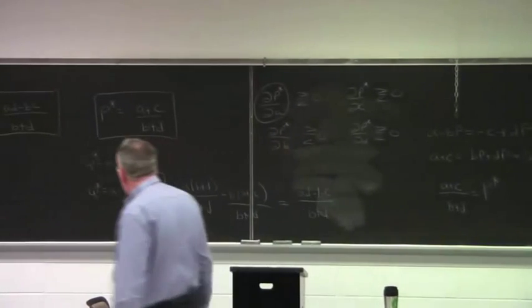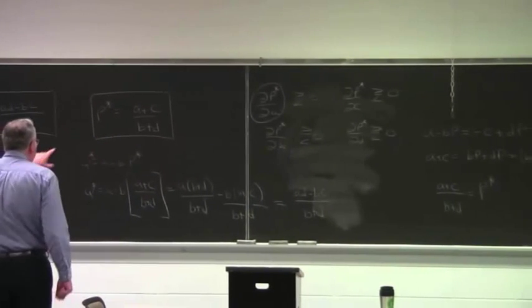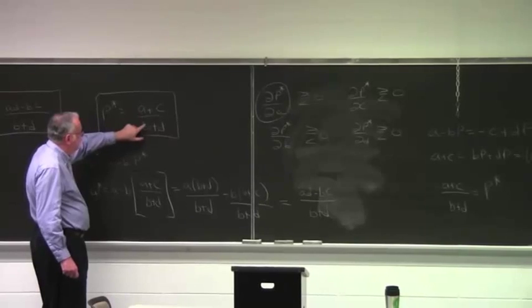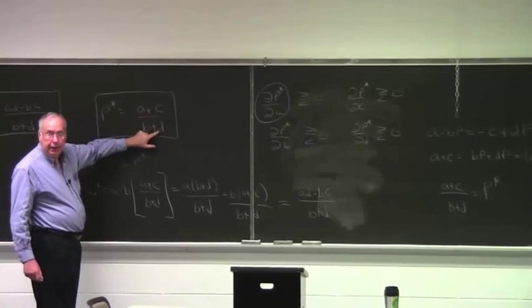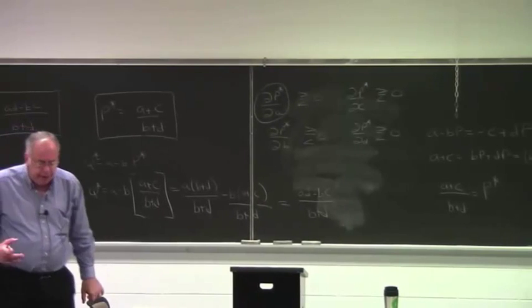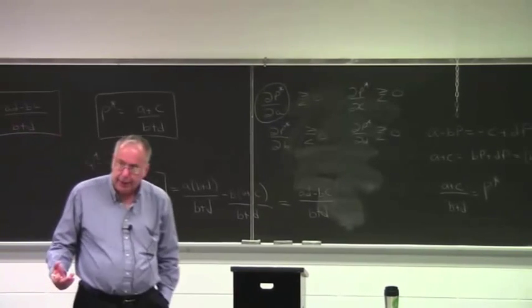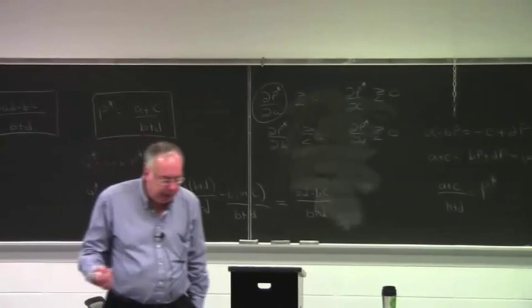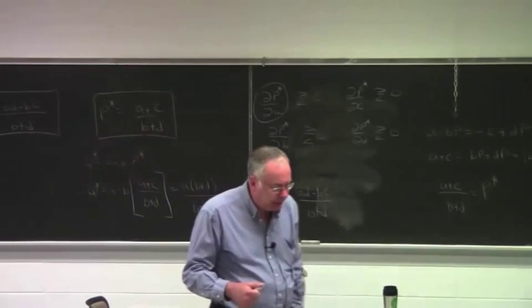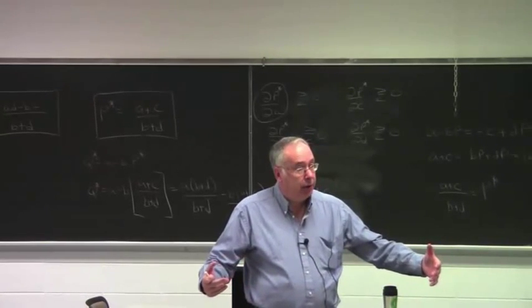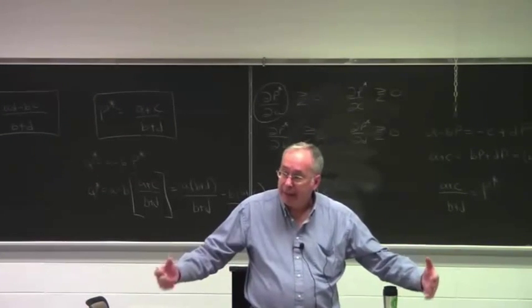Okay. So notice p star is a function of a, b, c, and d. Normally, you think of parameters as being fixed, and they are normally. But now, in comparative static analysis, what we're doing is we're letting one of the parameters change. So that's why it's comparative static.